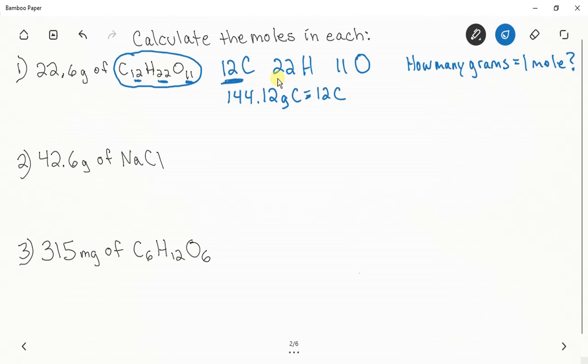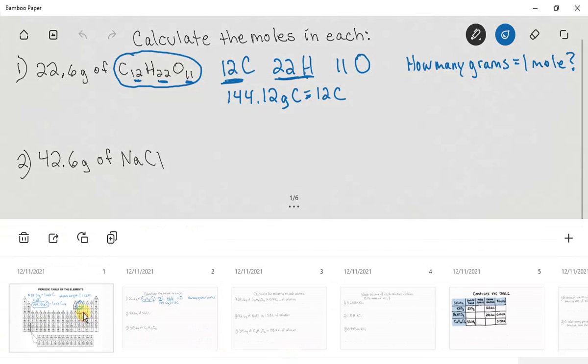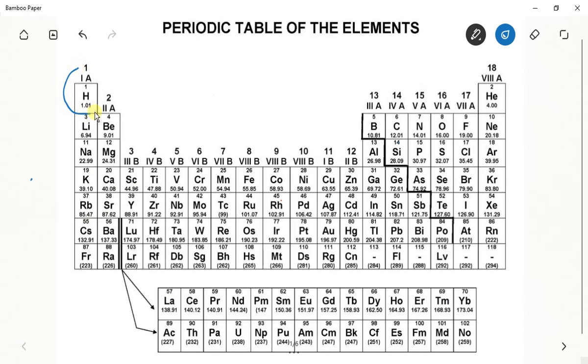Now, let's do hydrogens. We have 22 hydrogens. So let's go over to the periodic table. And hydrogen is up in the upper left-hand corner. And if you look at the number on the bottom of the square, that says 1.01. So 1.01 grams equals 1 mole of hydrogen.